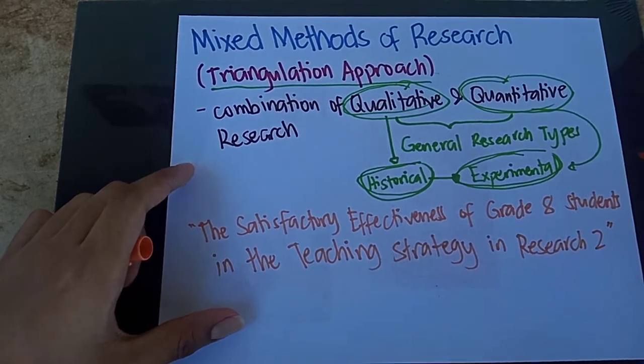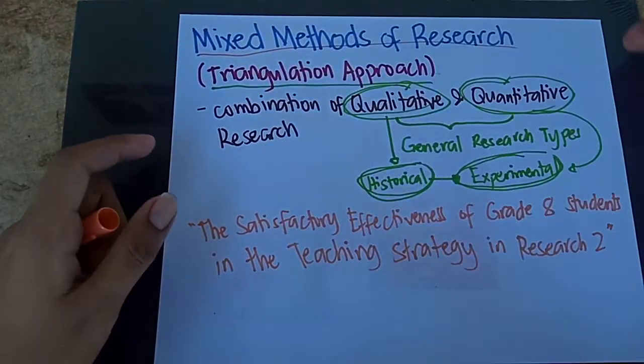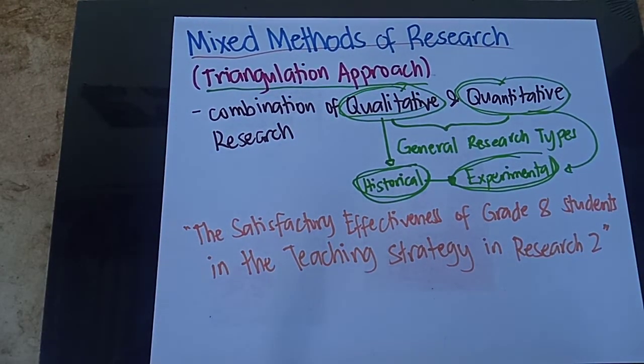Okay, so how can we apply the mixed methods of research in this kind of study? The satisfactory effectiveness of grade 8 students in the teaching strategy in research 2.